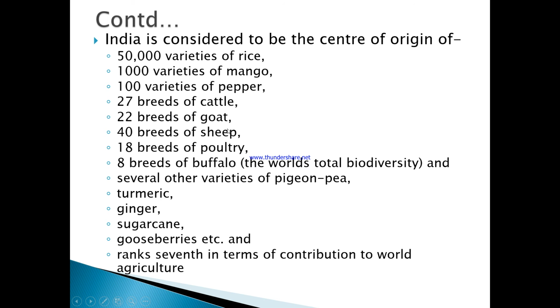India is considered to be the center of origin of 50,000 varieties of rice, 1,000 varieties of mango, 100 varieties of pepper, 27 breeds of cattle, 22 breeds of goat, 40 breeds of sheep, 18 breeds of poultry, 8 breeds of buffalo, and several other varieties of pigeon pea, turmeric, ginger, sugarcane, gooseberries, etc., which ranks 7th in terms of contribution to world agriculture.